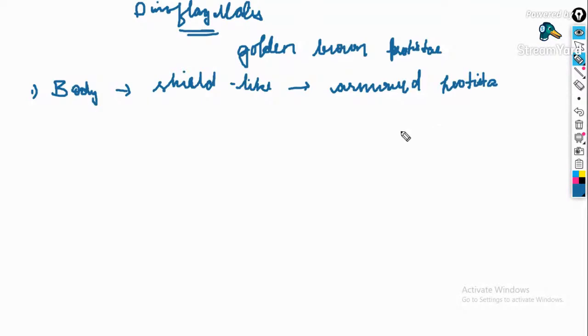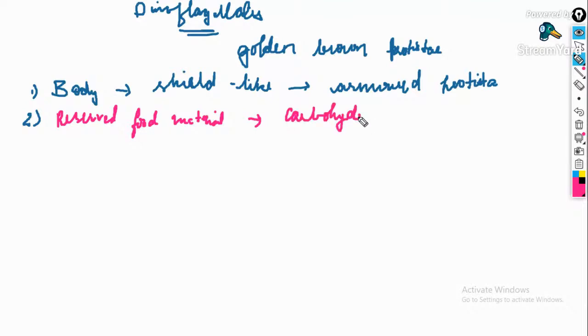Okay, is that clear? Second point, the reserved food material. Reserved food material is carbohydrate and oil.